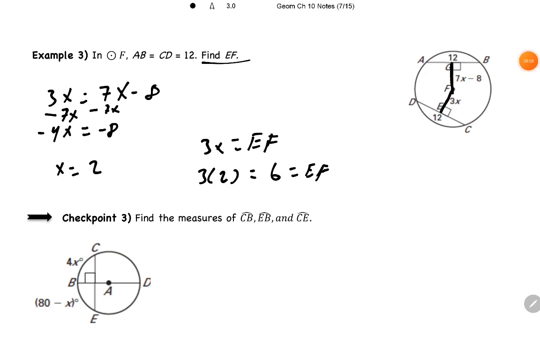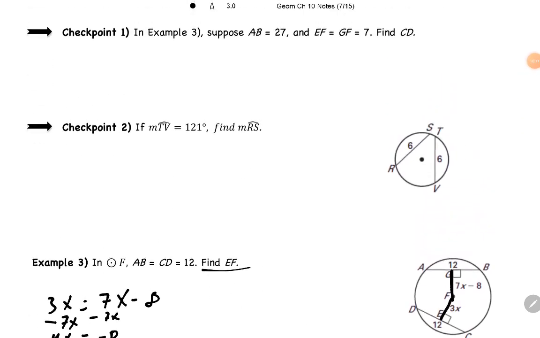Okay, now let's go back to our checkpoints. Checkpoint 1 here in example 3, which is what we just did. Suppose AB is 27 and EF equals GF is 7. Find CD. Let's draw that same picture really quick.